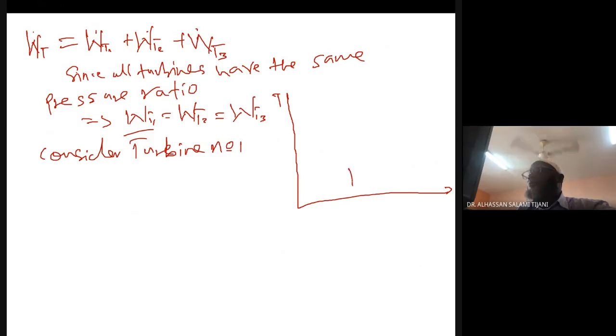Okay, so we have, this is compressor number 1. Okay, so we have the isentropic compression. Okay, so this is the actual compression. And this again. So then it goes like this.